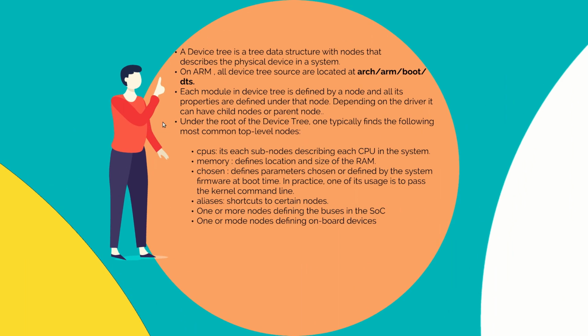First of all, we will get a few pieces of information about the device tree. As I have already explained, a device tree is just a data structure with multiple nodes, which describes the physical devices in the system.